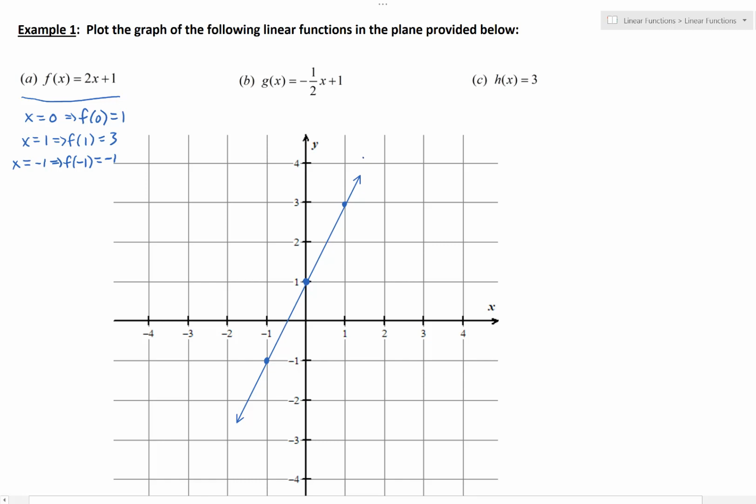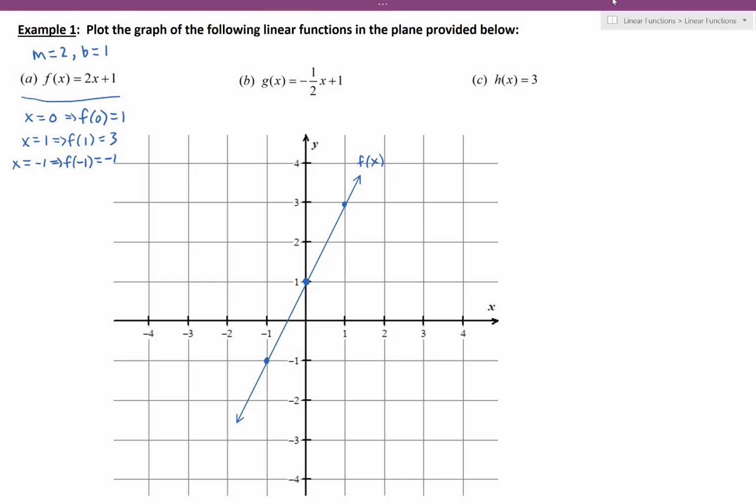Now notice, in this particular example, remember our general form was m times x plus b. So for f of x, we had that m was 2, and b was 1.